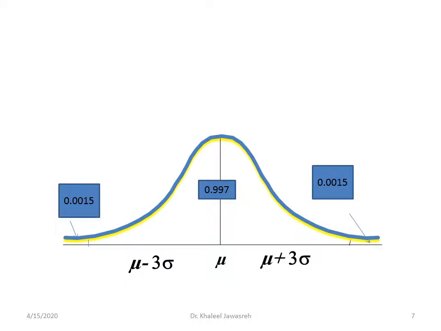But if we go 3 standard deviations, as you see here, we will cover 99.7% of the total area, and the rest will go to the two ends, which is about 0.0015.